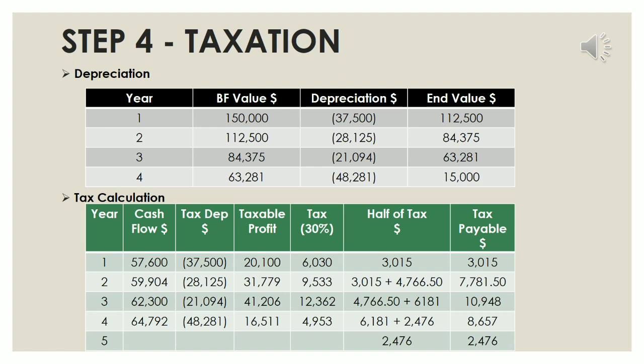But we are not going to pay the entire $4,953 in the current year. We are going to pay half of that amount in the current year, which is 2,476, plus the previous year's half, which means the third year's half amount is there to pay, which is $6,181.